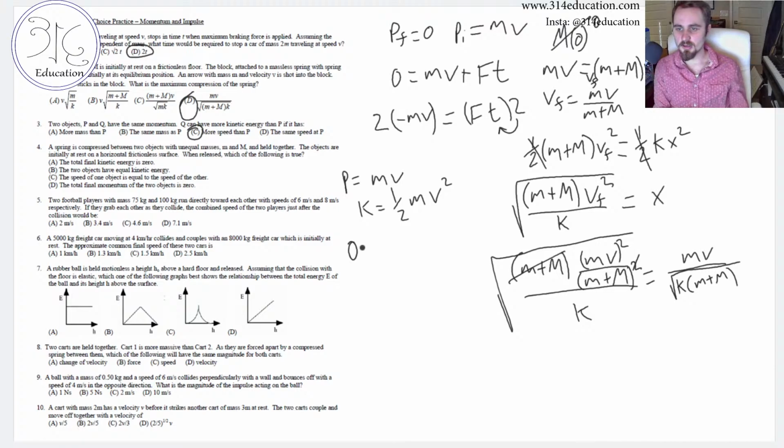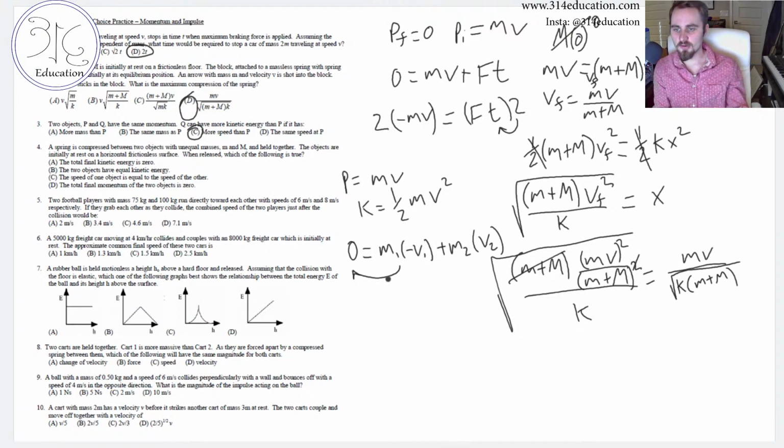In the beginning, this is going to equal 0 because they have no velocity. But afterwards, one mass is traveling at some velocity in, let's say, the opposite direction to the second mass, which is traveling in the original direction. So these two are kind of exploding outwards, going in opposite directions.